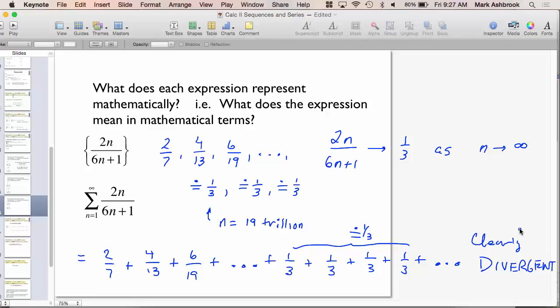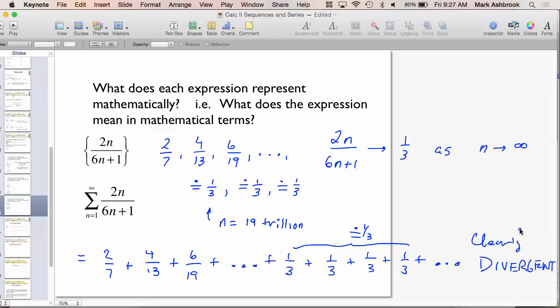If the sequence converges to something other than 0, or if the sequence diverges, the series diverges. End of the story. If the sequence converges to something other than 0, or the sequence diverges, your series will diverge as well.